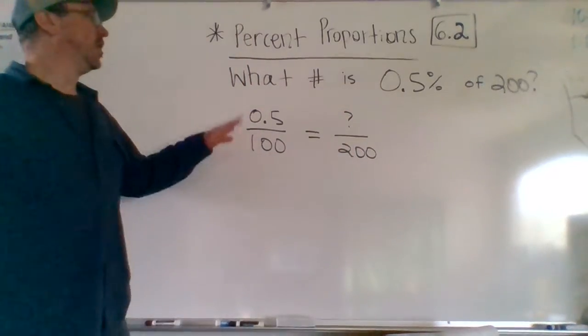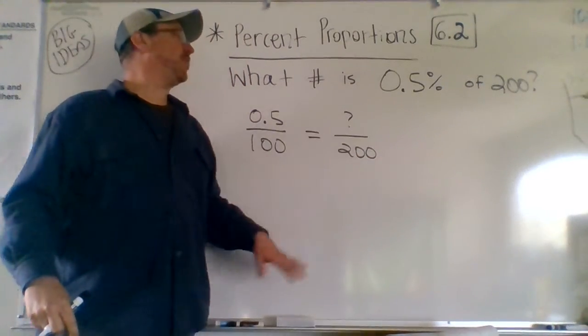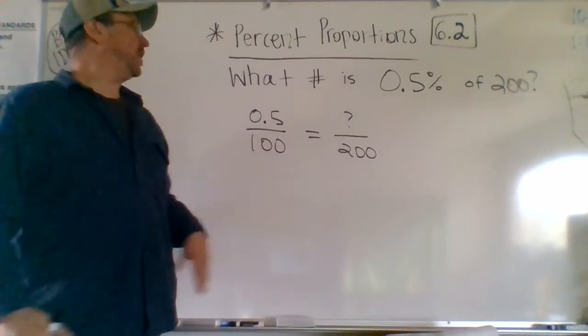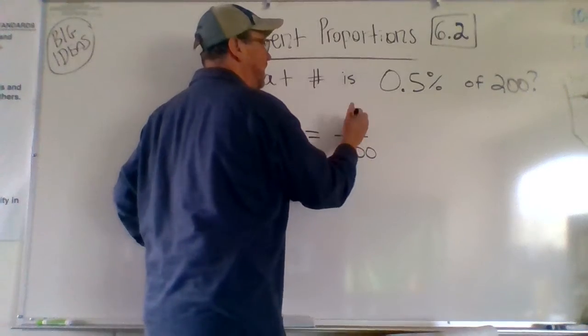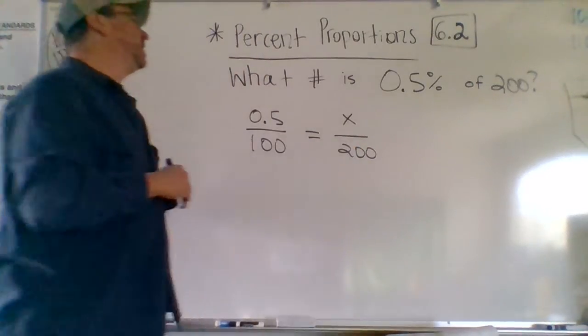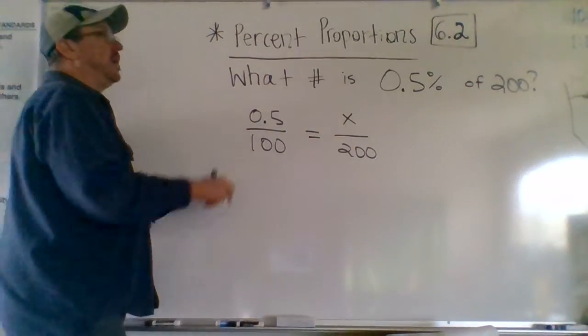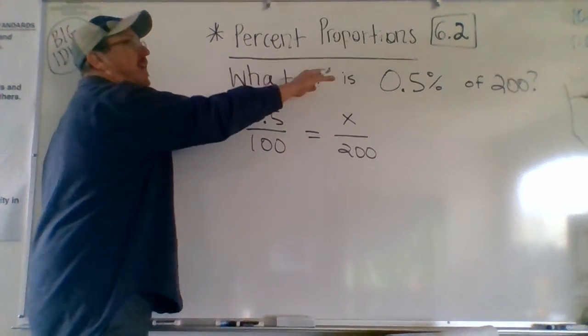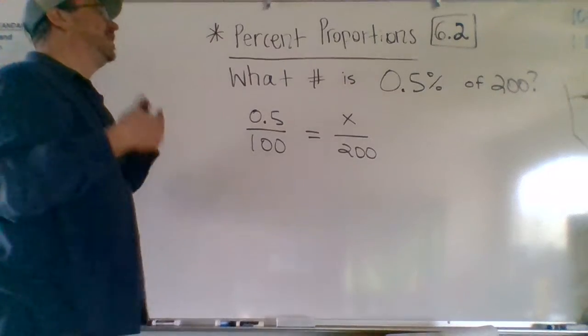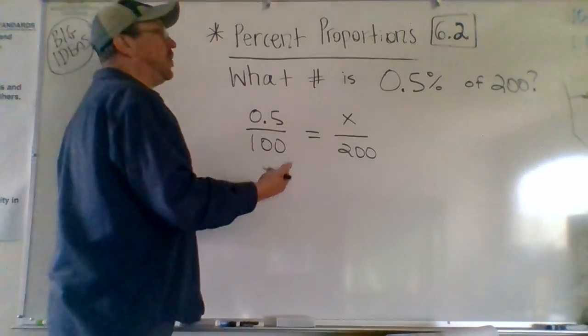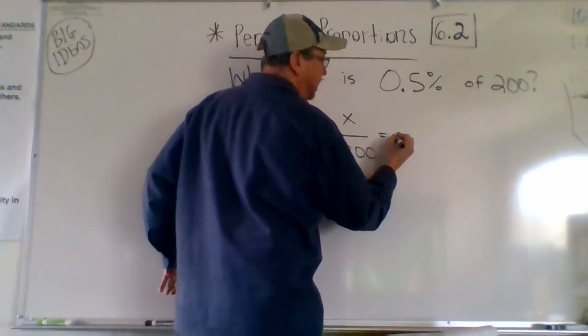What is that number? What number is 0.5% of 200? 0.5, question mark of 100. Let's make it an x so we can solve for it. Okay. So trickiest part, getting this into an equation that's true, a proportion that's true. And now we're going to solve this to find the number.